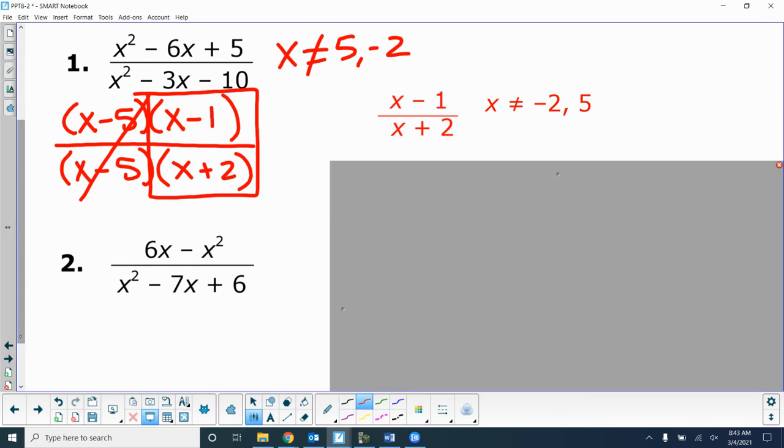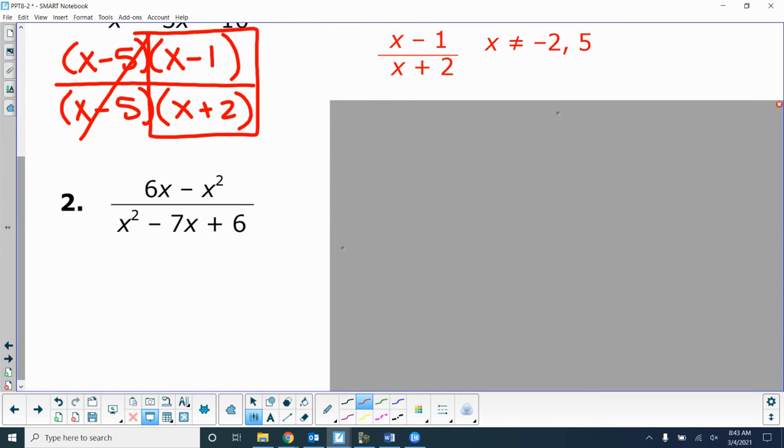Grace, factor that numerator, please. Correct. Should we do something else first? Well, it's going to end up being X minus 6. What's going on in that top one? Out of order, right? So let's do this part first.